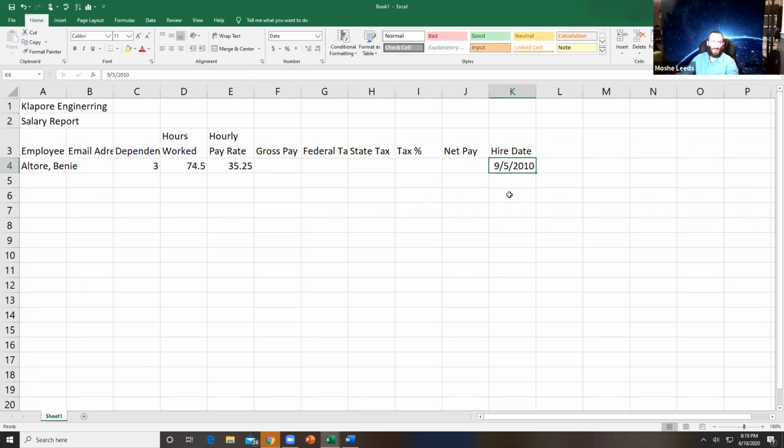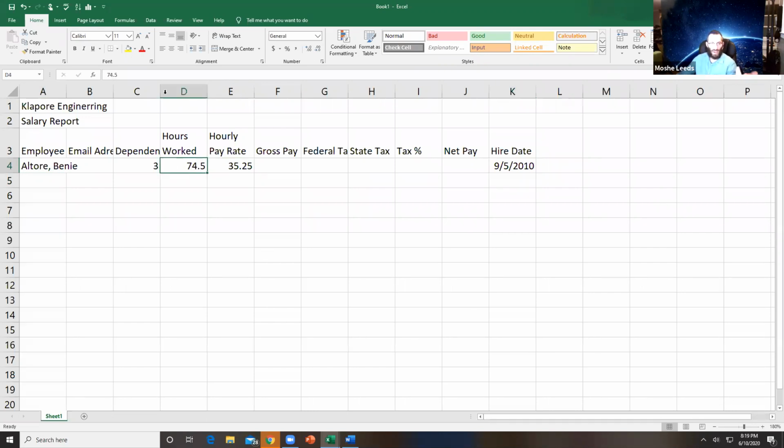All right, so now we filled it out for Benny Altor. They got 3 dependents. They got hours worked, hourly rate, and the hire date, okay? Now, there are a few defaults that, depending on the format, Excel will do.